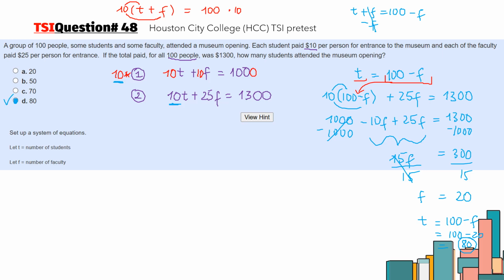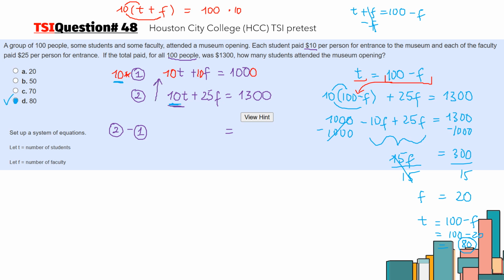Okay, so now to continue, we will subtract. Take equation 2 and subtract equation 1, left side from left side, right side from right side. So I keep this one, and we subtract from this, arrow up.